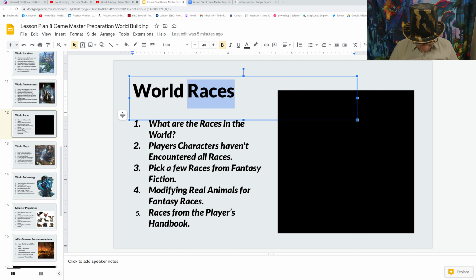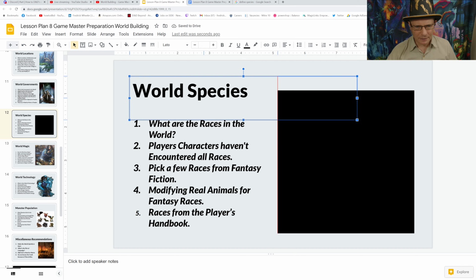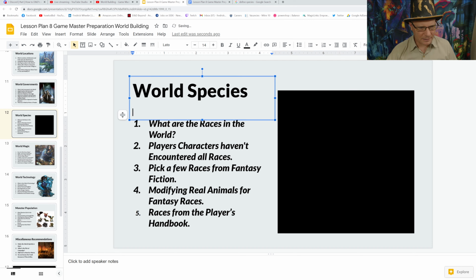But this is different. So we'll put species down. And if somebody can come up with a better word than species or race, I'm happy to look at it.